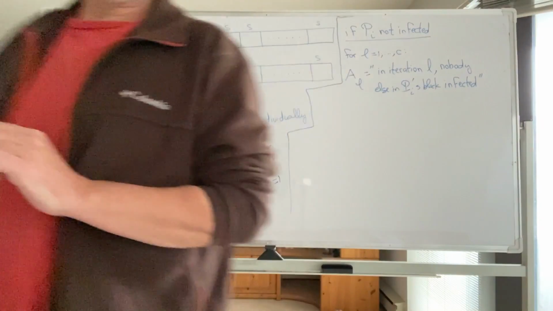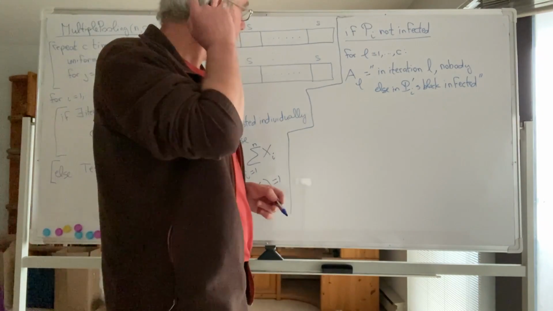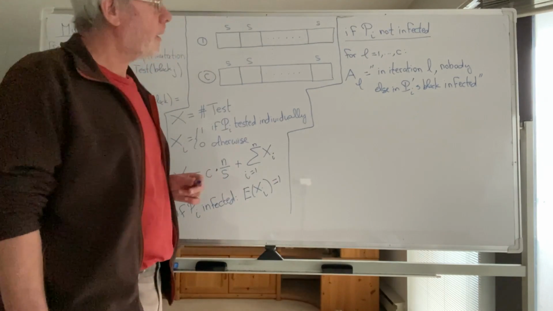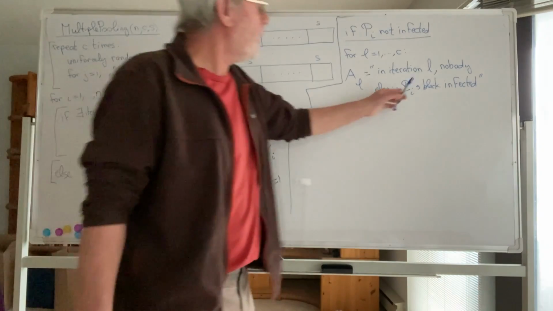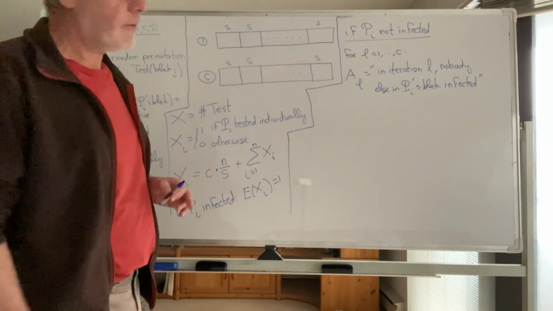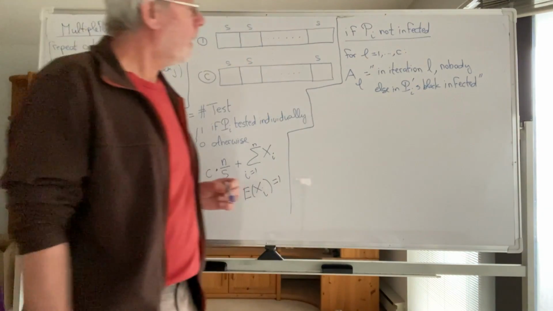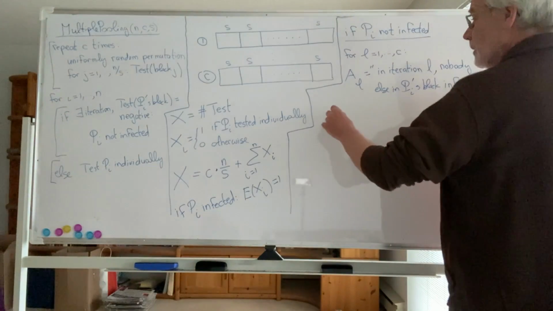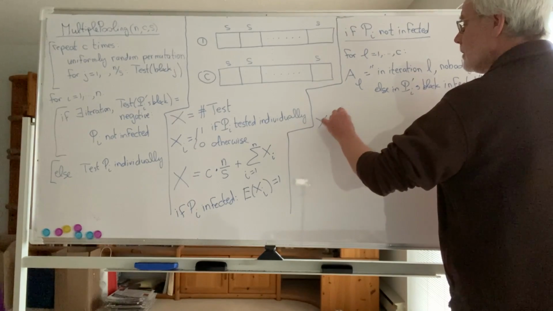This is very similar to the event that we looked at in the previous case, where there was no index l. There we said, well, let's look at this random order. Pi is in one of the blocks, and we look at the event that nobody else has been infected. And remember, Pi has not been infected. So then Xi equals 1.